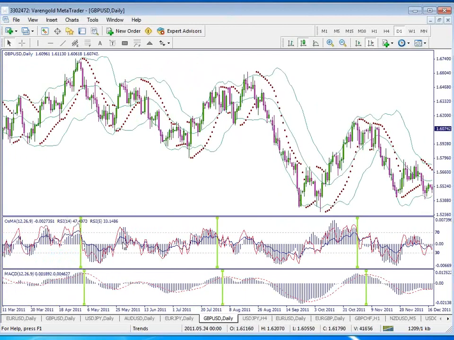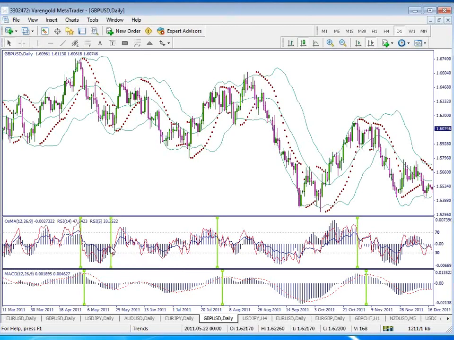So here we have 3 signals for sell on pound. And actually the signal to go out from the trade is the opposite signal that we receive.